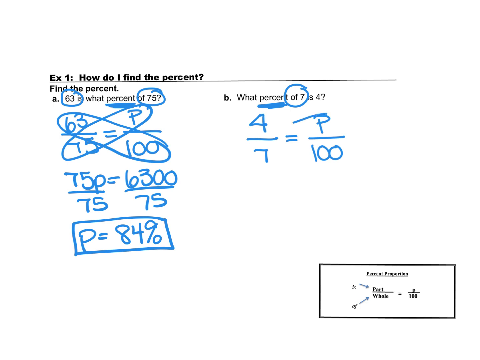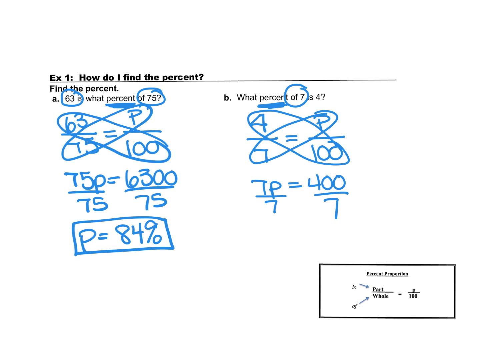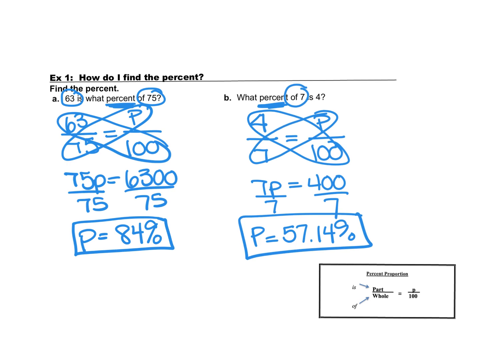So let's solve it like the proportion. We're going to cross multiply. 7 times P is 7P, and then 100 times 4 we have 400, and then we're going to divide by 7. And we have 57.14, and then we'll have percent again because we just solved for the percent.